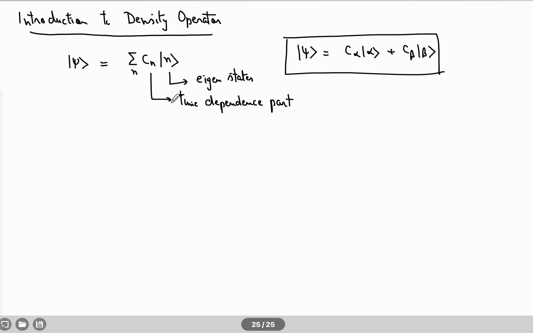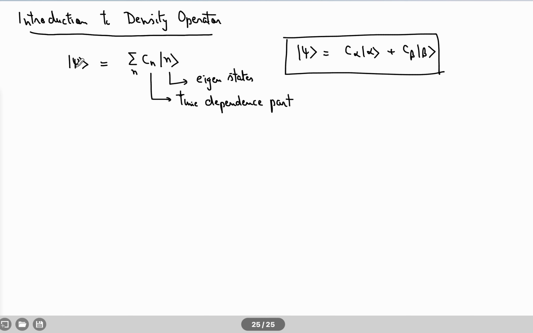Now to understand how to estimate the time dependence part, see, when we are trying to find out the energy of a state, we need to first set up the Hamiltonian, and then we also need to set up the spin state, right? If we know both, in certain cases we should be able to estimate the energy of the particle.